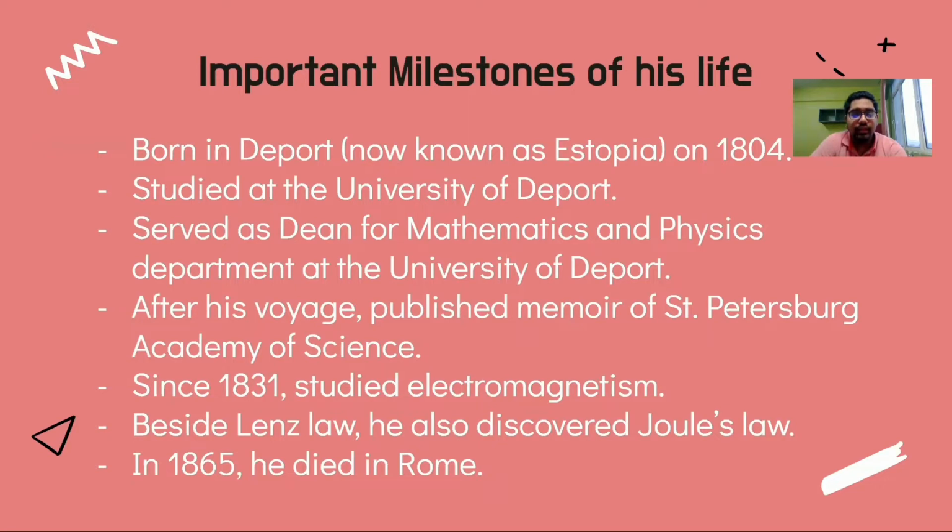Later in his life, he worked as the Dean of the Mathematics and Physics Department at the University of Dorpat. This publication was another milestone besides his other milestones, such as discovering Lenz's law and Joule's law. He started working with electromagnetism in 1831.